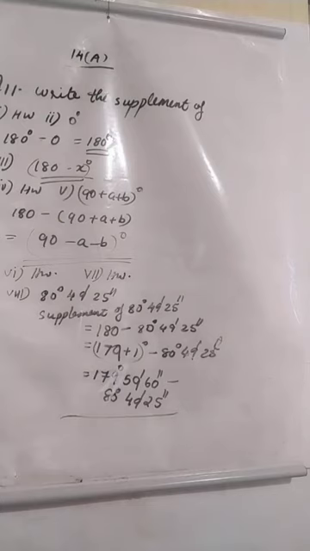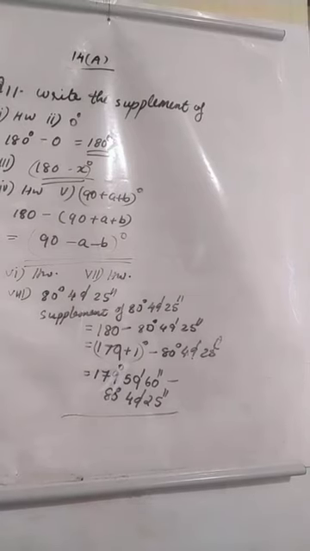This 180 can be written as 179 plus 1 degree, and the 1 degree can be divided into 60 minutes, and in 60 minutes we can take 59 minutes, and the 1 minute means 60 seconds, no? So you express 1 degree as 59 minutes 60 seconds and subtract these two values.